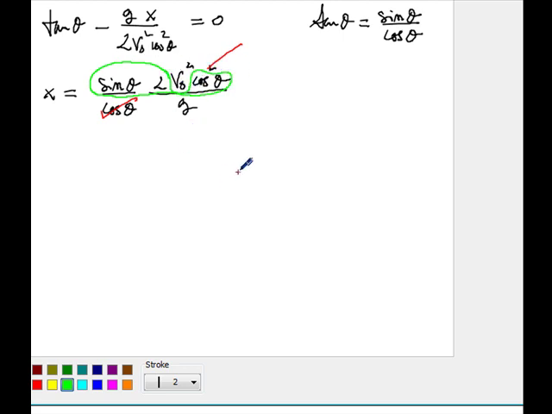Remember that 2 times sine times cosine is sine 2 theta. So this is equal to x, almost.